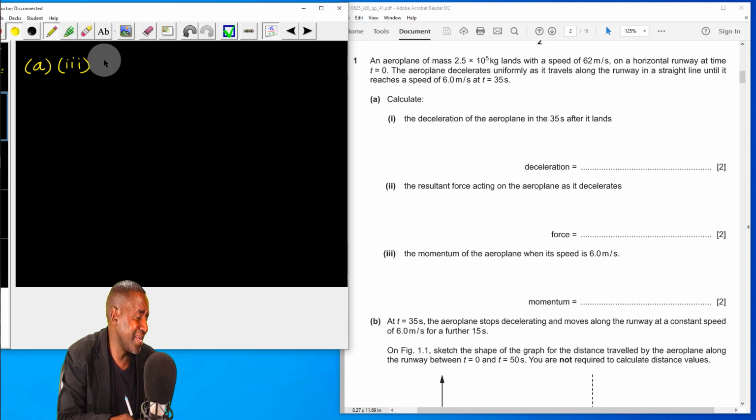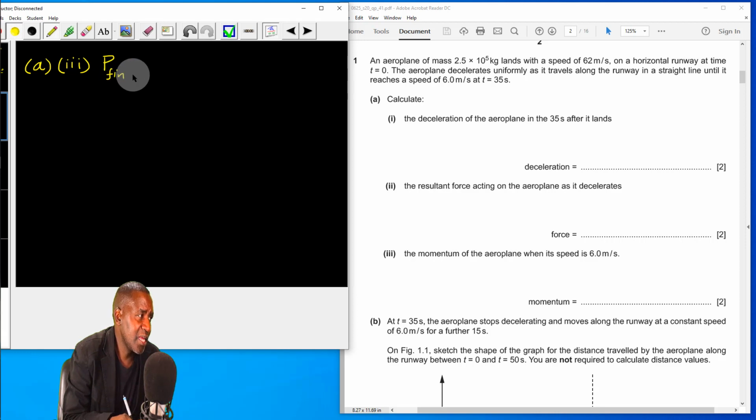This is like the final momentum. Momentum has got the symbol p, and because I'm talking about final momentum, I'm going to put a subscript f there, meaning final, or I can just write the complete word final as a subscript. So it's going to be equal to the mass of the aeroplane times its final velocity.